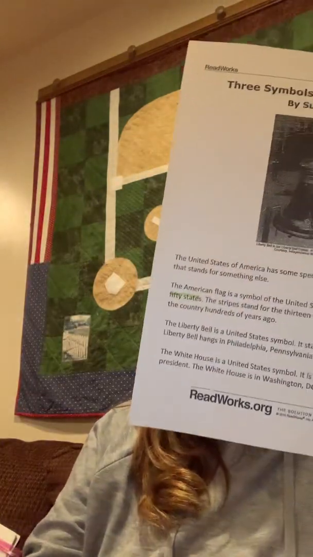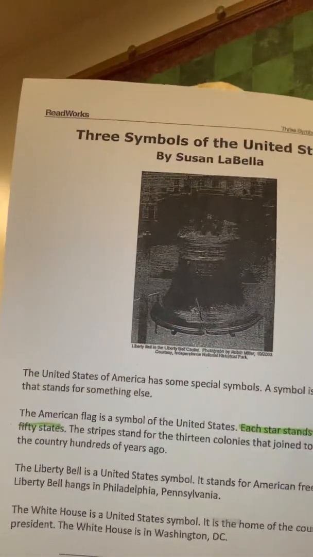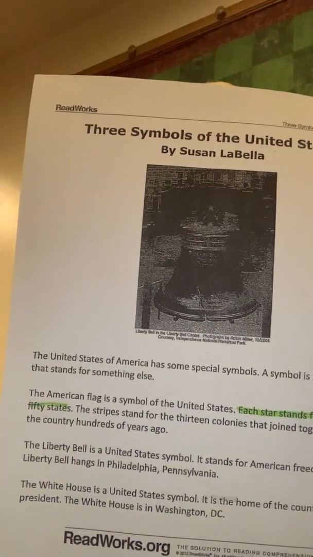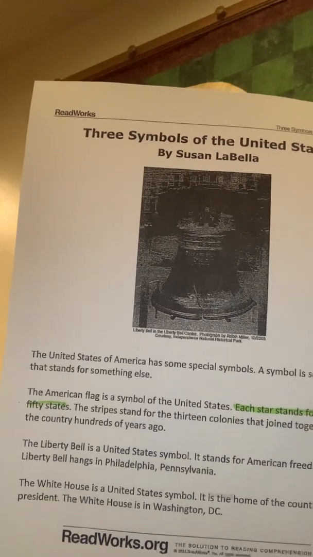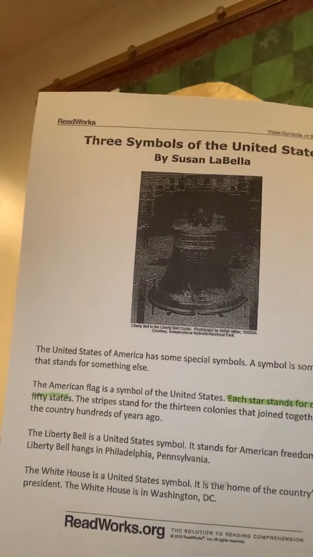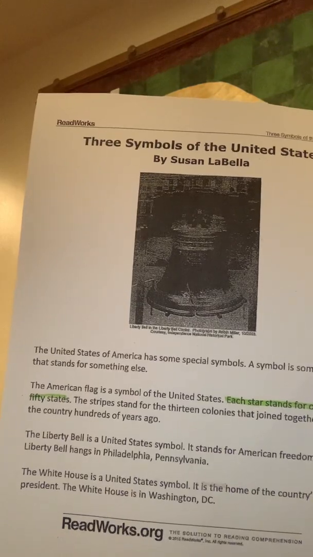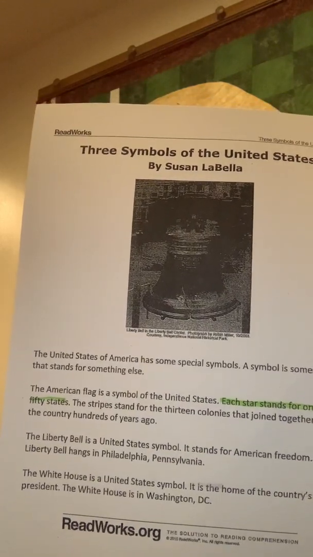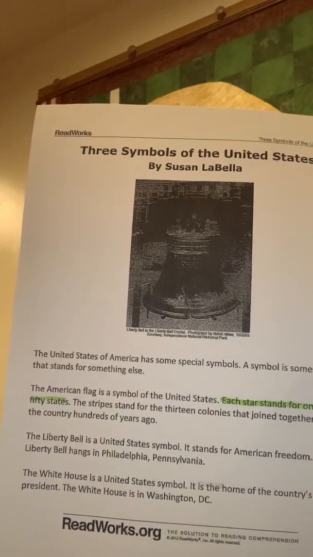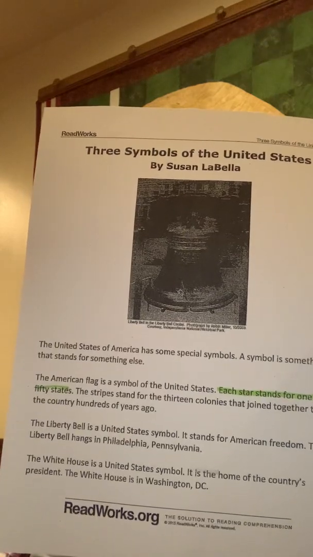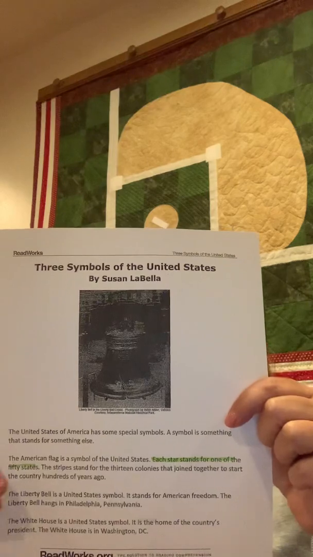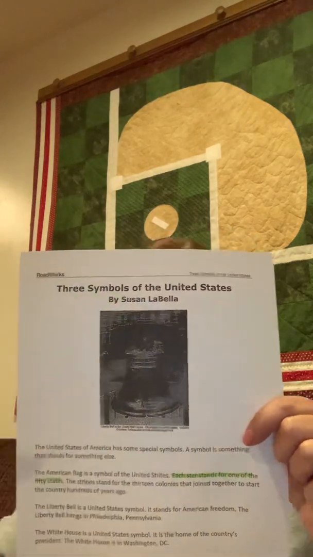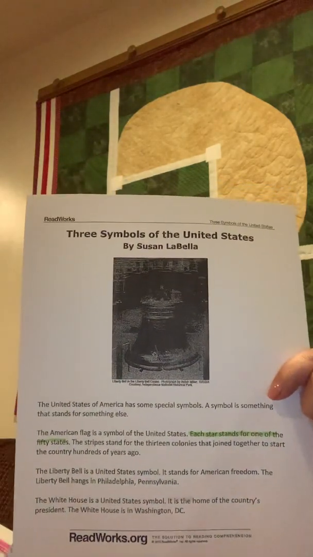Number 2, the text describes 3 important symbols of the United States of America. What does the word symbol mean as it is used in this text? A stripe on something, something that stands for something else, something you hit on a drum. So when they say United States symbols, 3 symbols, what do you think they mean by that?